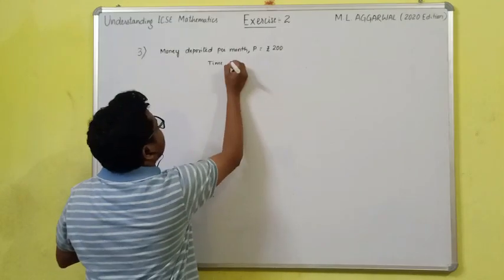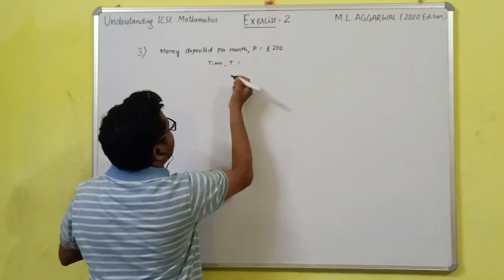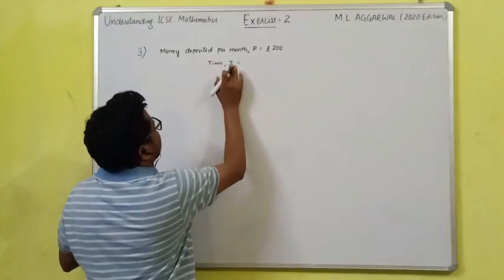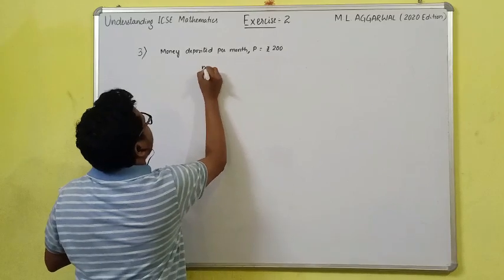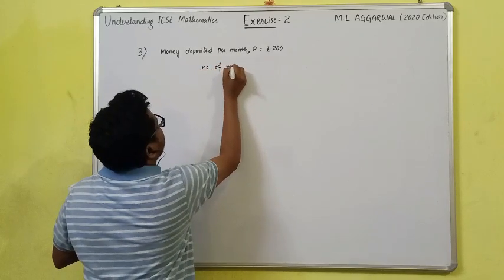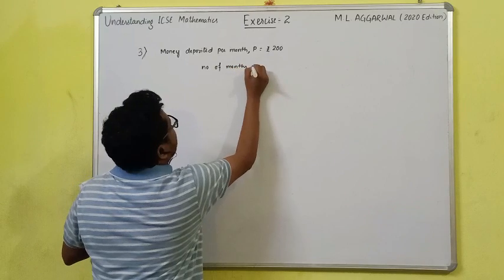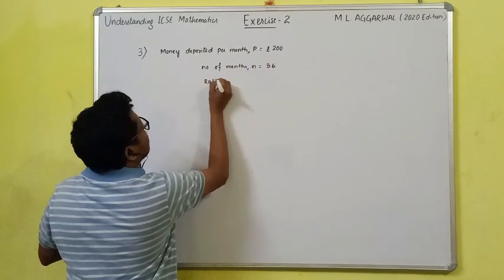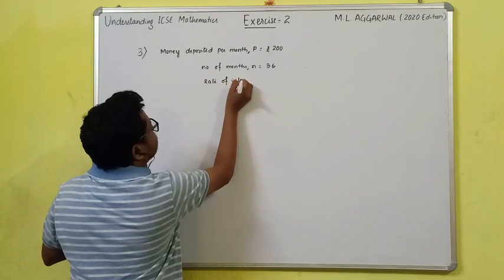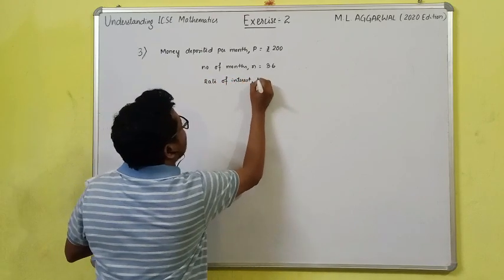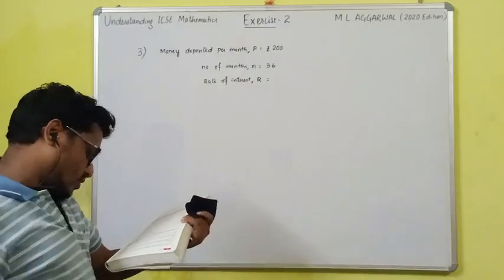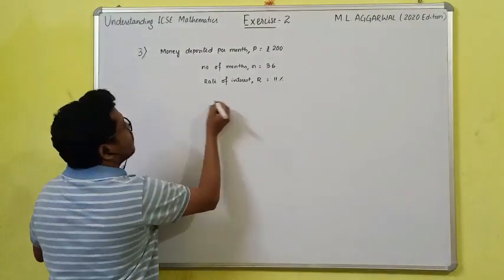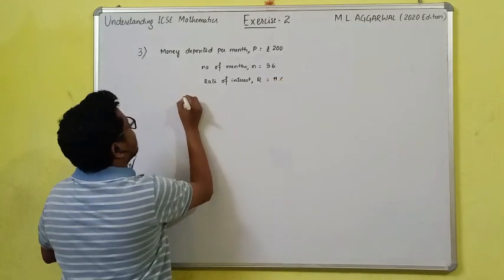So here time is given, T is equal to, here time is given in 36 months. So directly you write number of months, that is comma, n is equal to 36. Then rate of interest, comma, R is equal to your, how much percentage? 11%.